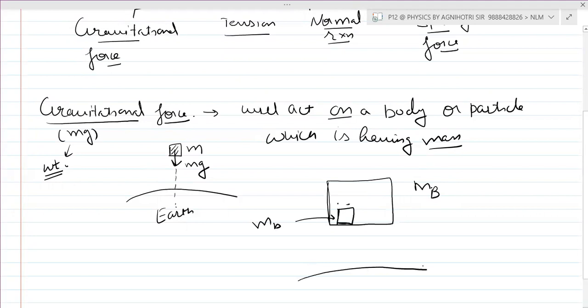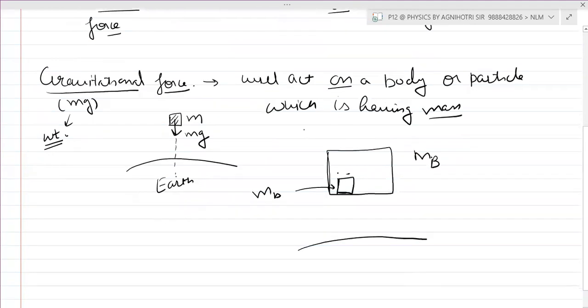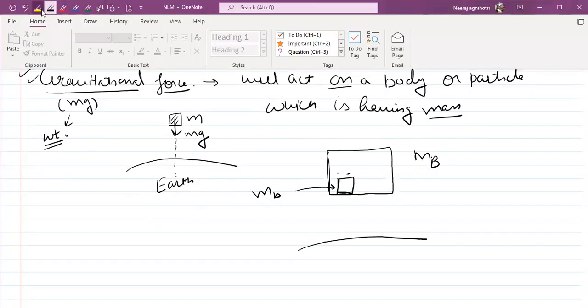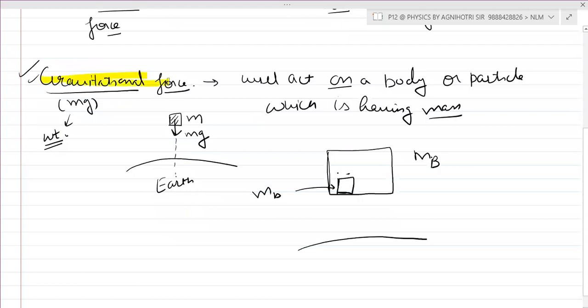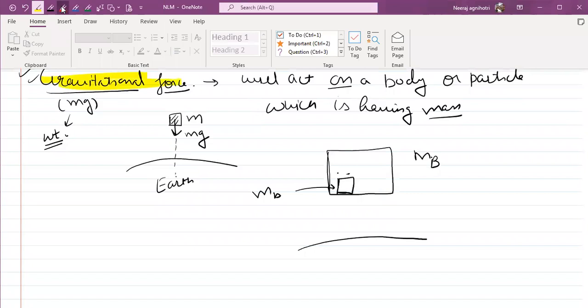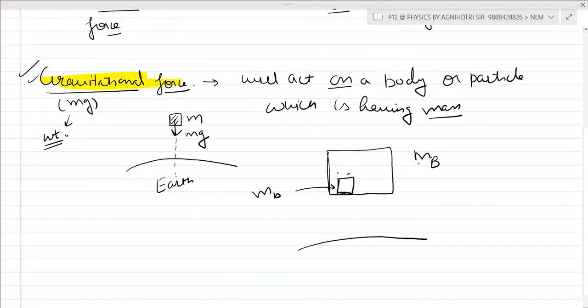We do have some other forces in this concept too, but I am focusing more on the gravitational force. This box will definitely be pulled by the earth with the force mB g. And this is a block. The block is definitely pulled by the earth, which is mg.